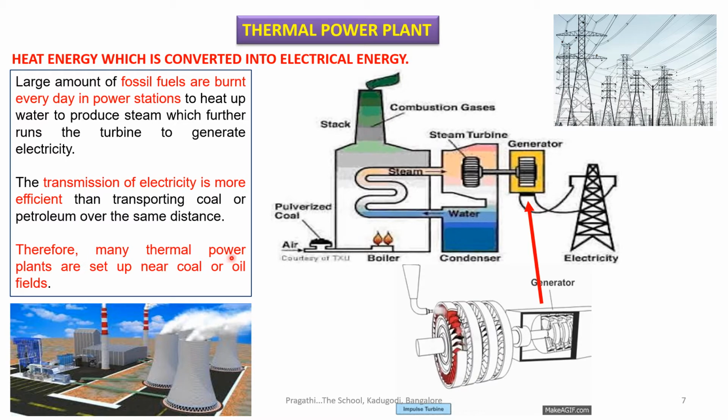Therefore, many thermal power plants are set up near coal or oil fields. Why coal or oil? Both are non-renewable energy sources, that is, conventional energy sources, and they should be very near to use for boiling the water.